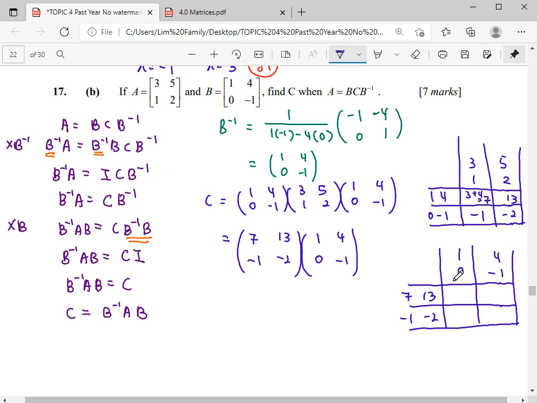Okay, 0 we get 0, here 7. For here we refer to this row and this column: 4 times 7 minus 13, so equals 15. And then here negative 1 times 0, negative 1. Okay, so here negative 4 plus 2, we get negative 2. So our answer will be 7, 15, negative 1, negative 2.